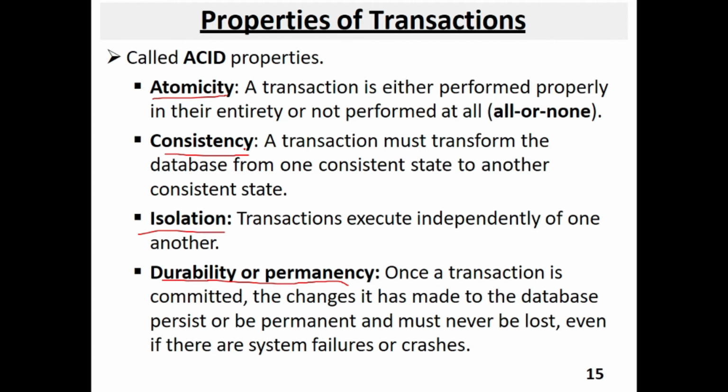What about isolation? Isolation means transactions execute independently of one another. When the transaction begins, it is isolated from the database and held until the transaction is terminated, either by commit or rollback.